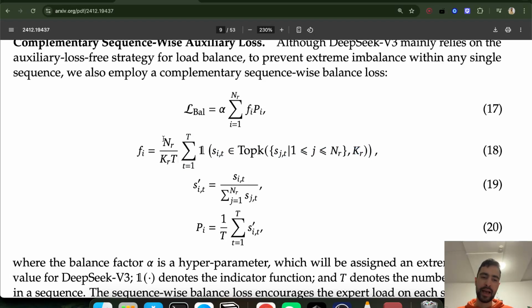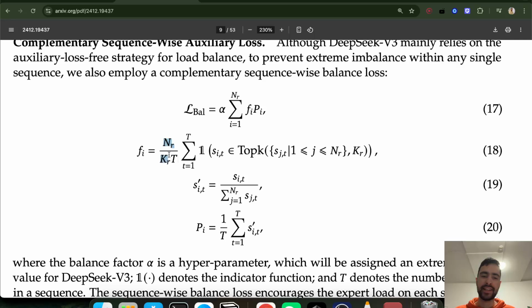Then this is the number of routed experts, so this is the total number of routed experts. K is the total number of selected experts, so this can be, for example, 8. And we have, let's say, 32 total routed experts. And T is the number of tokens.